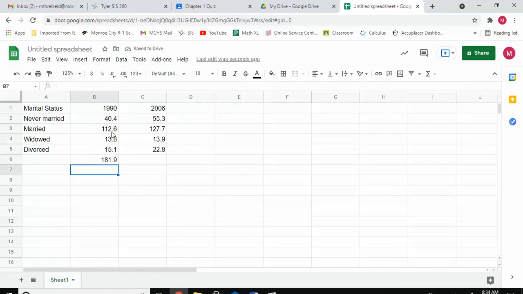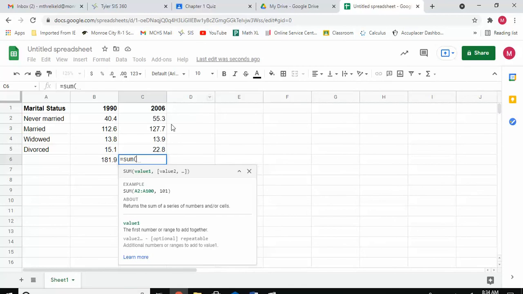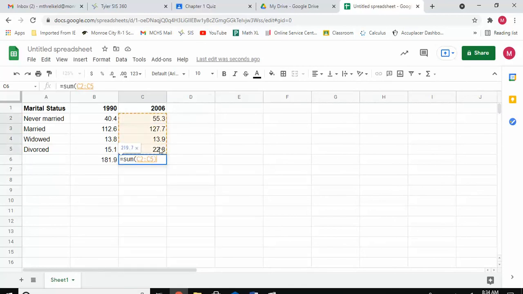Of course, this isn't very many numbers. It's not a big deal to add them up on the calculator. Make sure you're not adding up the 1990 and 2006 in there. Those are your categories. So equals sum, parenthesis, and then just select the things you want to add together.